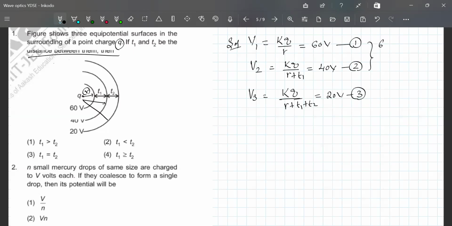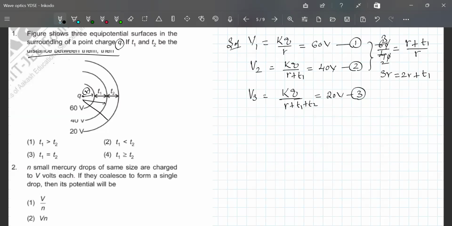this is 60 by 40 equals r plus t1 by r. This is 20, and this is 3, and this is 2. Do the cross multiplication: 3r equals 2r plus t1.